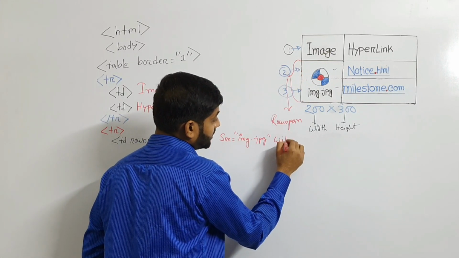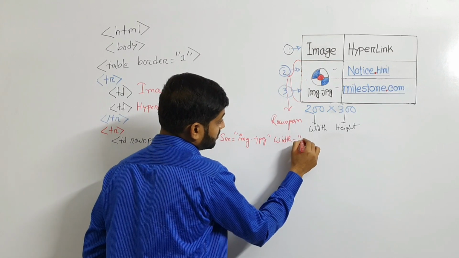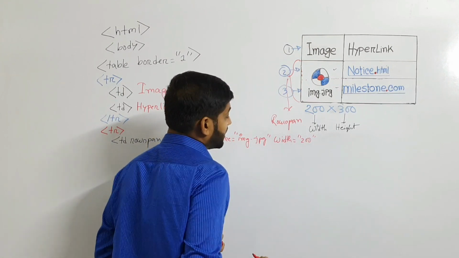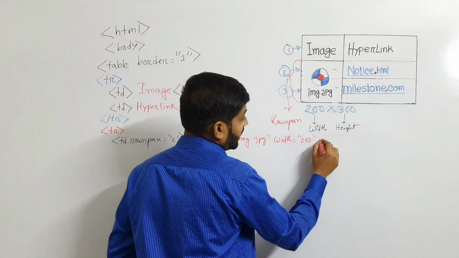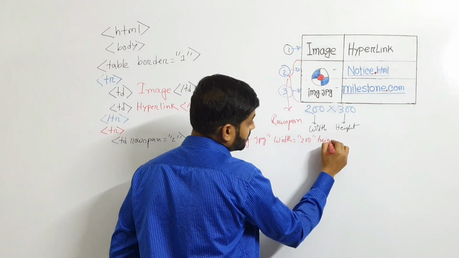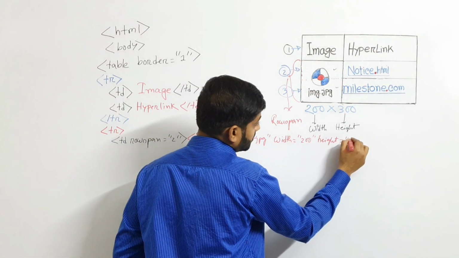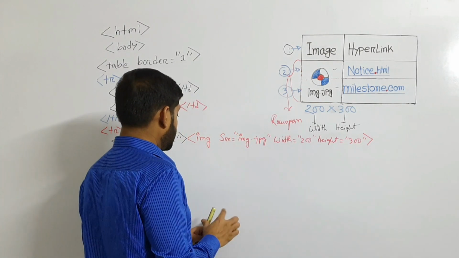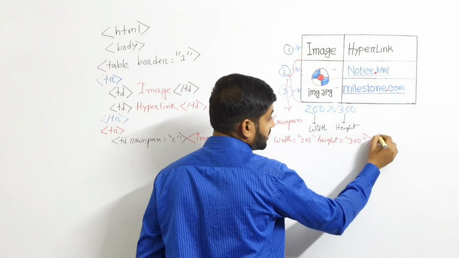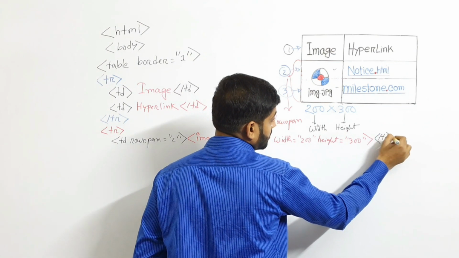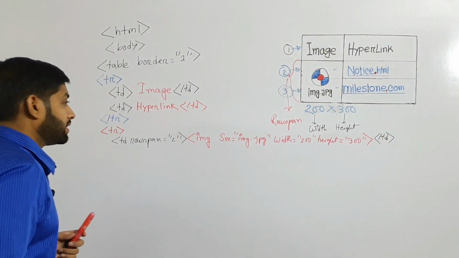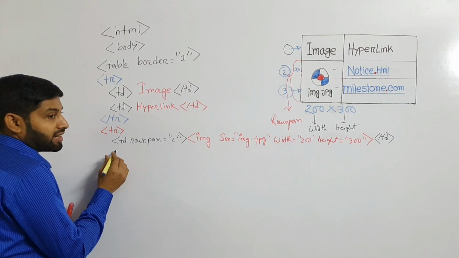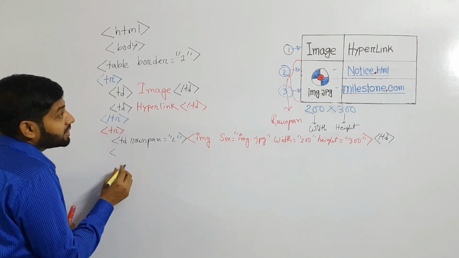So width 200 and height 300. Then I have to end with TD. So now I have to start with my second column of the second row.